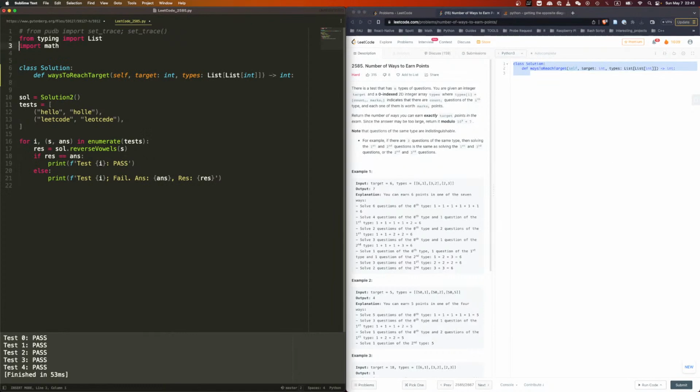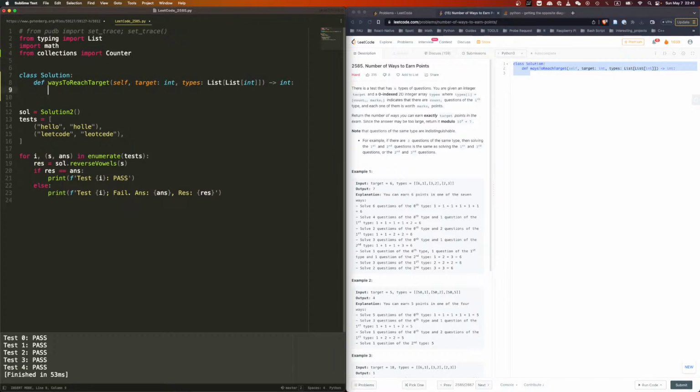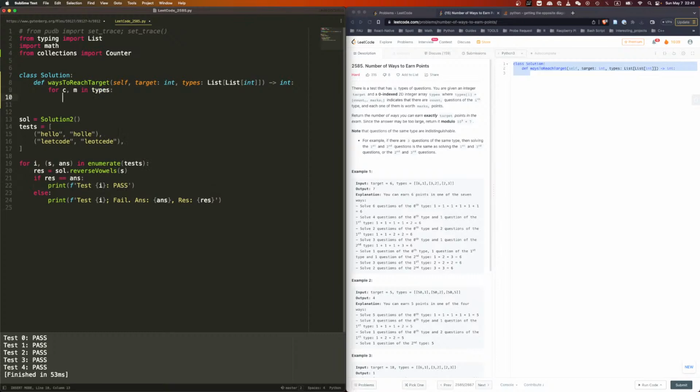Okay, I need a counter. Then we need to do a counter for count mark in types.